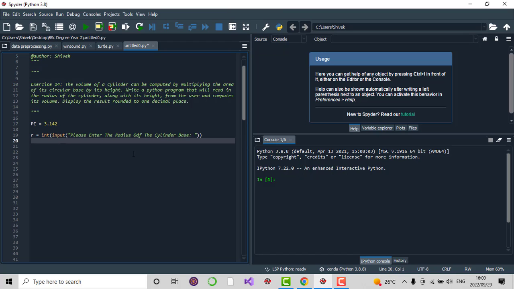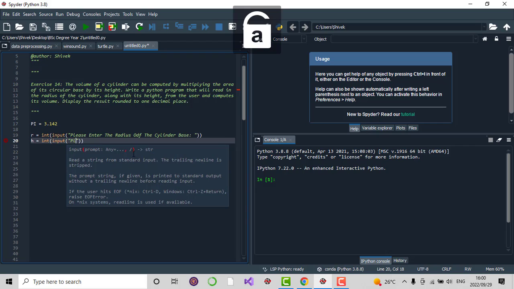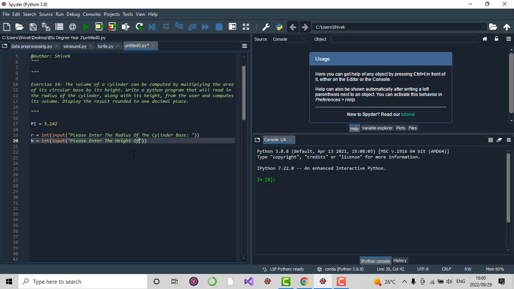That's good. Moving on, we'll do an h to represent the height. Let's do an int input, please enter the height of the cylinder. That's good.